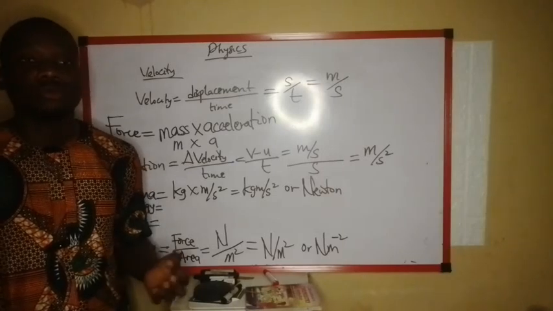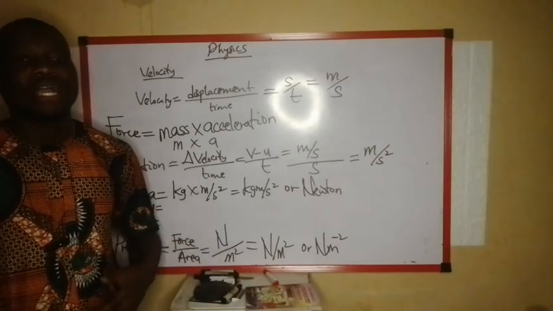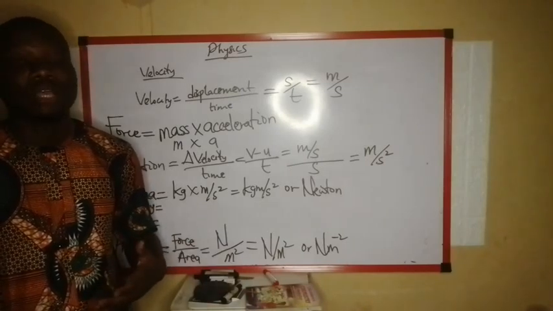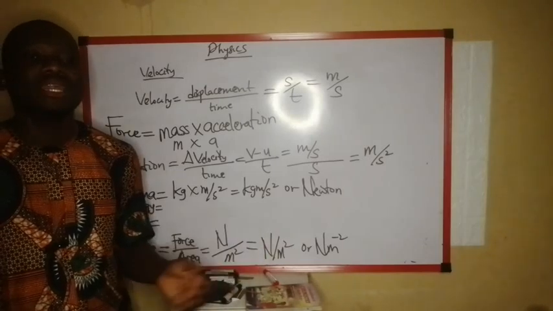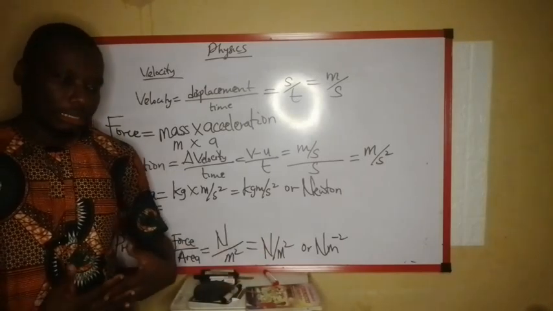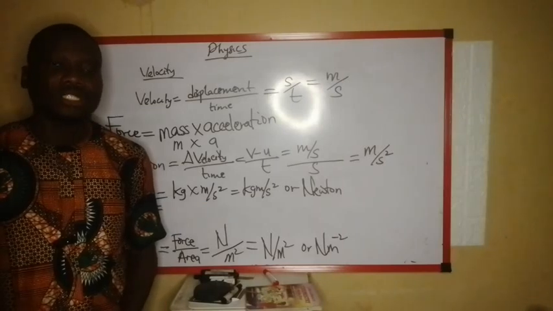For scalar quantity, we have distance, time, area, volume, and so many of these things, because they have magnitude but no direction. So that is one thing to take note of.